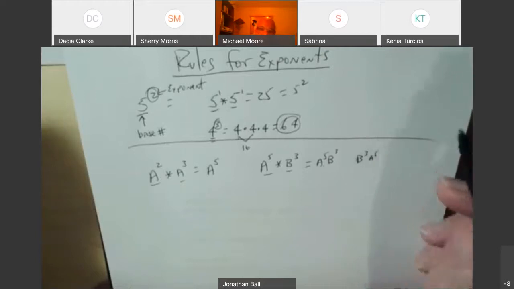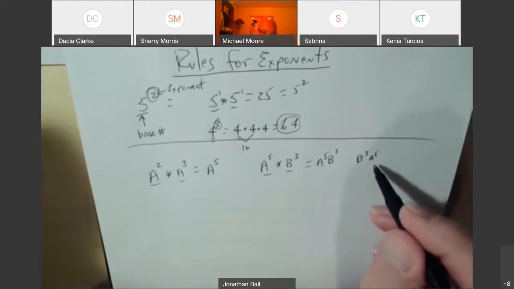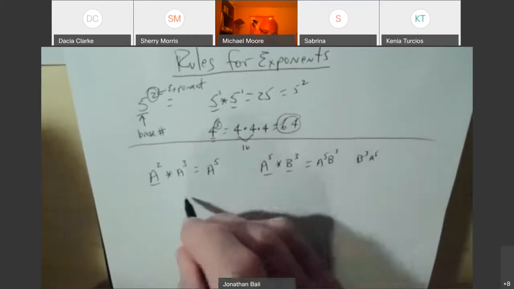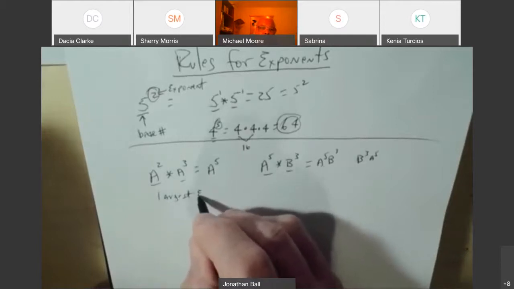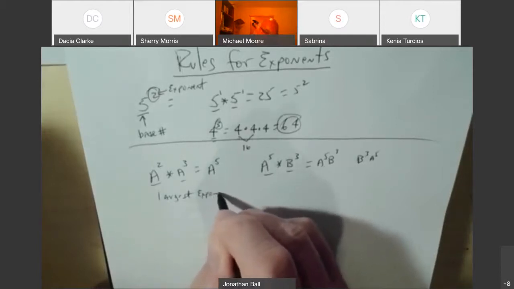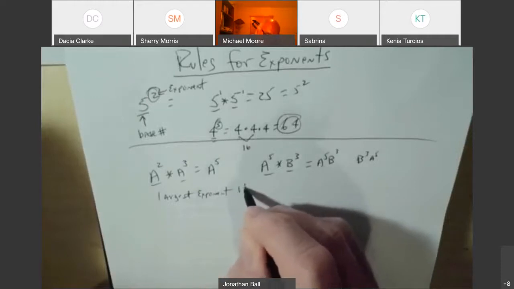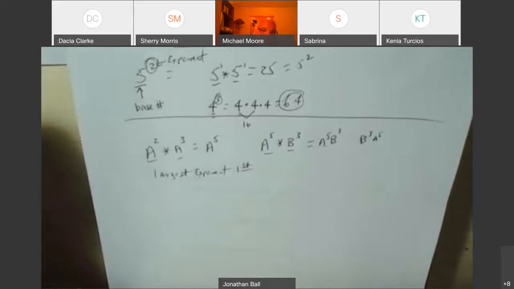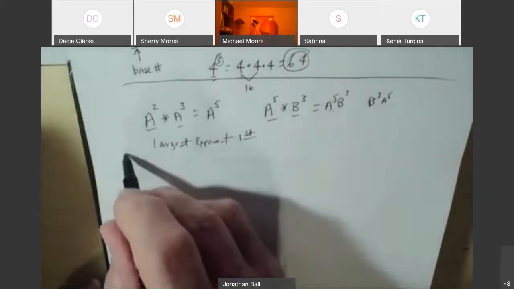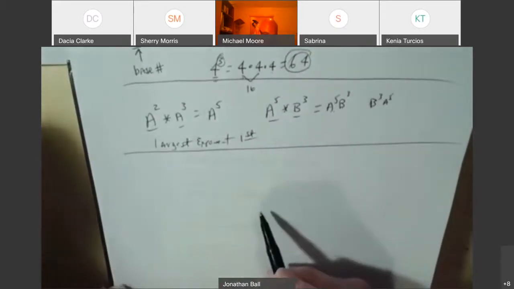Not really. But the right way to do this is largest exponent first. Like I said, I'm not really real wild about this, but you will find someone who is, because it is the right way to do it.